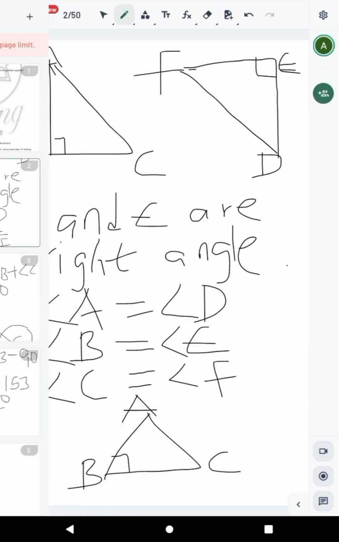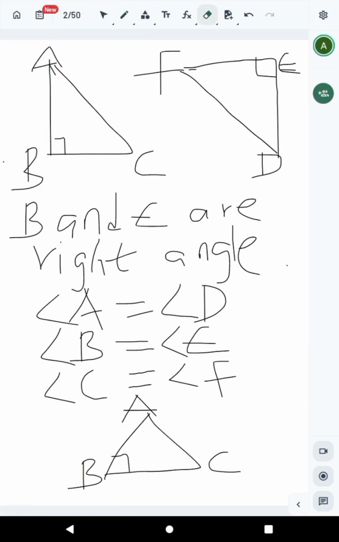Now, from the first equation, I said that angle C is equal to angle F. Anything you have here is equal to what you have here because they are congruent angles. So if you have 27 here as C, F is also going to be 27.